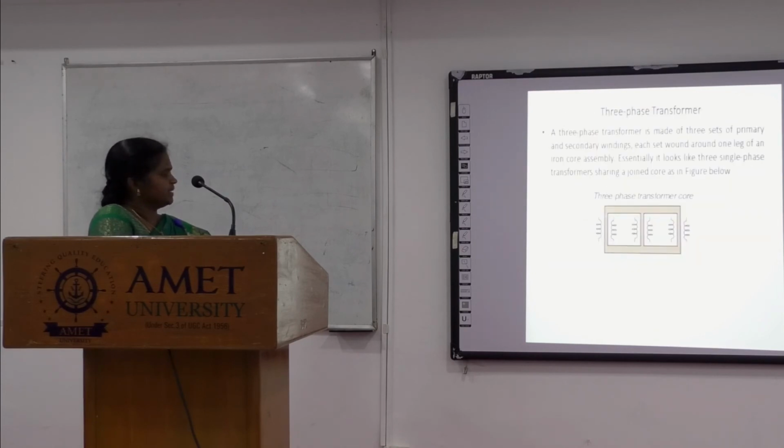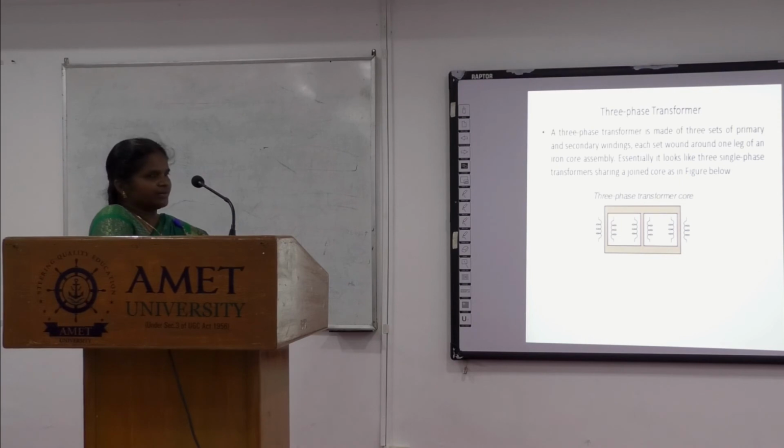Here there are three separate primary and secondary windings. For these primary and secondary windings in three-phase transformers, there are three methods of obtaining three-phase transformers. It can have three independent connections, the second is it can be connected in star format, and the third is it can be connected in delta format.